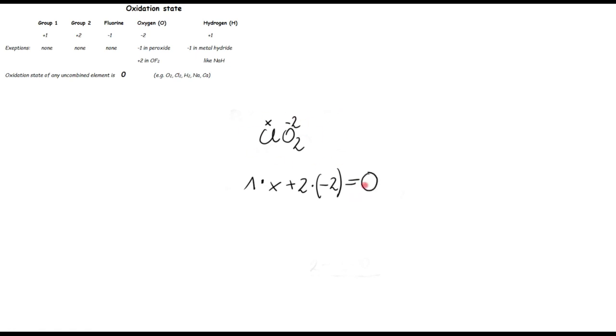So the calculation is X minus 4 equals 0, X equals 4. When we move the value from one side to the other side, we change the sign, so -4 becomes +4, and that's the answer.